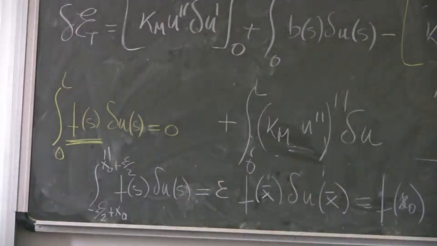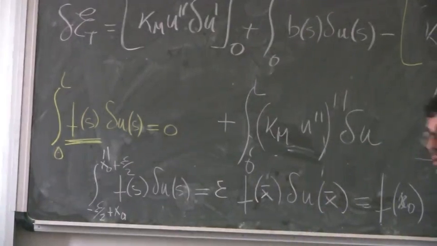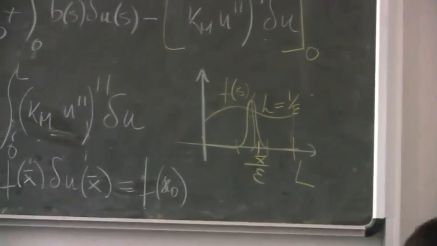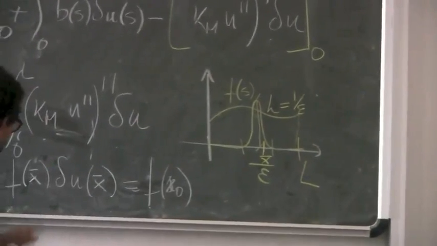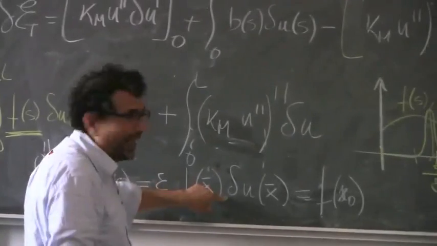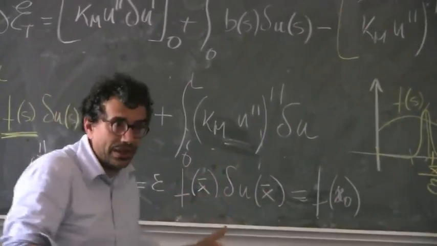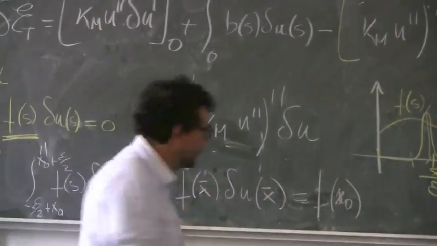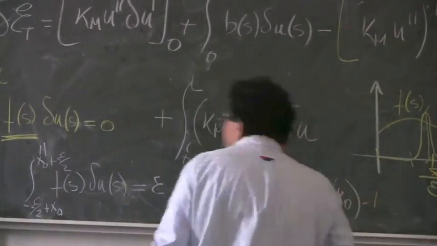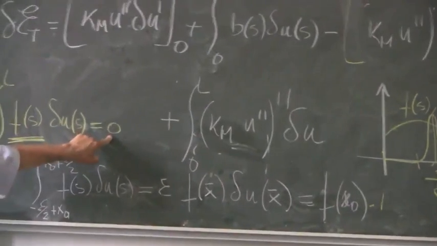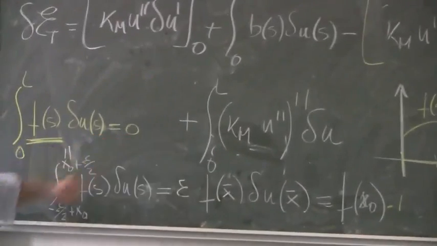If I was clever and I choose h equal to 1 over epsilon, epsilon times something which tends to 1 over epsilon tends to 1. We have proven that f of x0 equals 0. Okay?